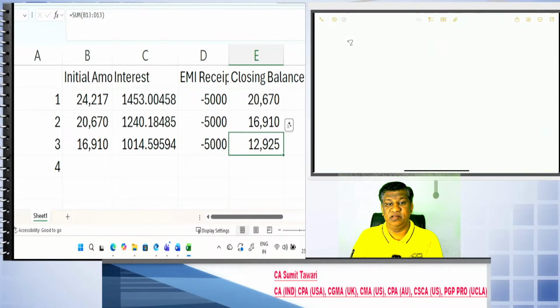So, like 22,000, I need this value to be 22,000.